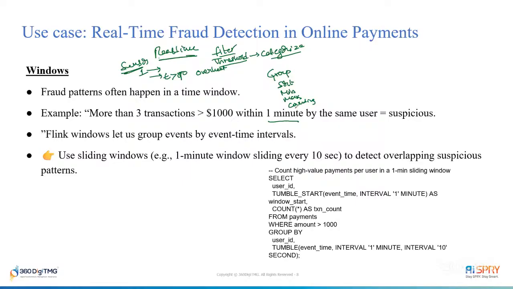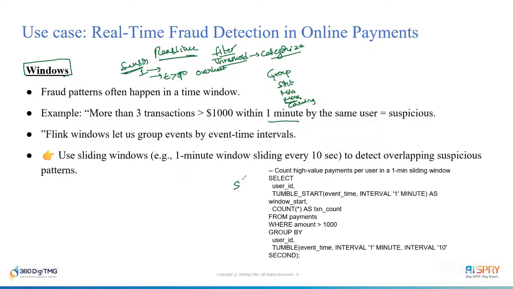I cannot do that because data is coming continuously. I want to know the maximum transaction amount, but you cannot do that because data is continuously changing. Minimum, maximum, averages, everything will be fluctuating. This data is not static. And that is where in stream processing, we use windows.